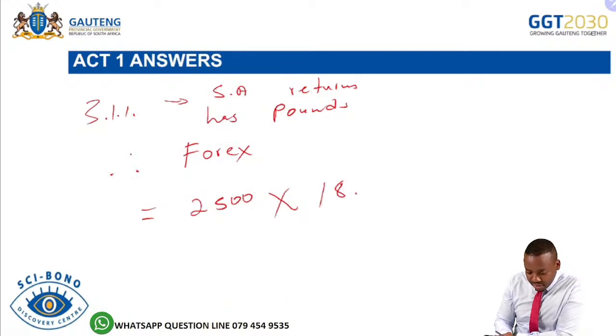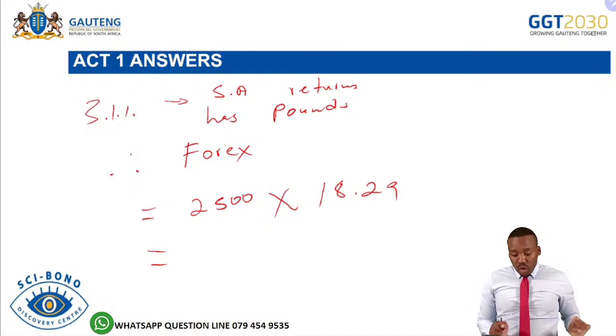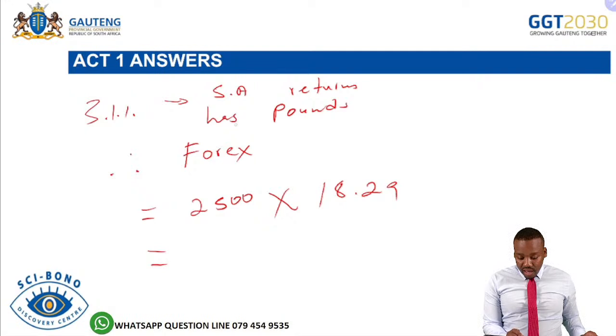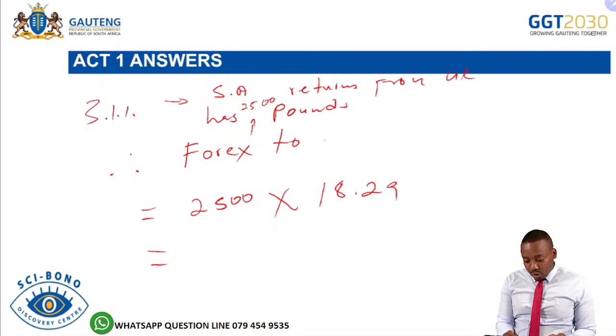Let me double check. 18,29. Then what will be our answer? Remember, we said here a South African returns from UK. Here he has 2,500 pounds, right? Foreign currency, and he wants our rand. So from forex to rands, what do we do?